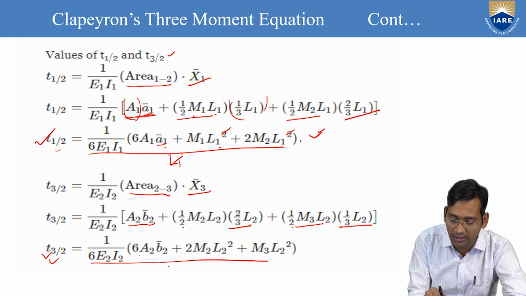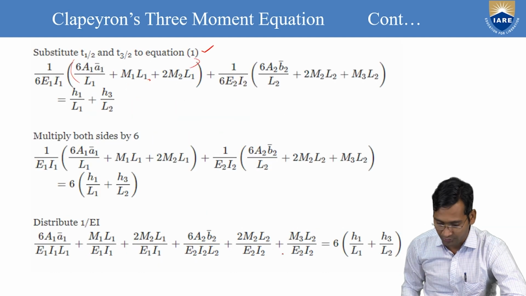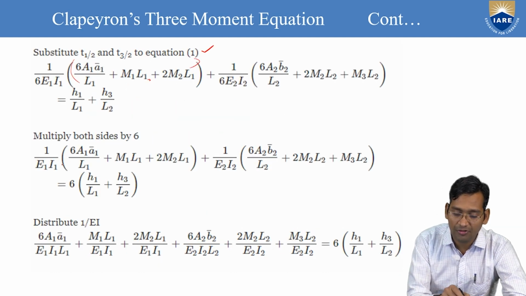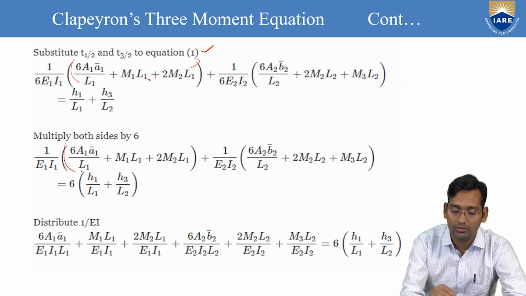Similarly, here you have to divide by L2. So with this term, L2 will be added. Here this will get divided by L2 and here also one L2 will get removed. So after simplifying that, this will be what? Here.